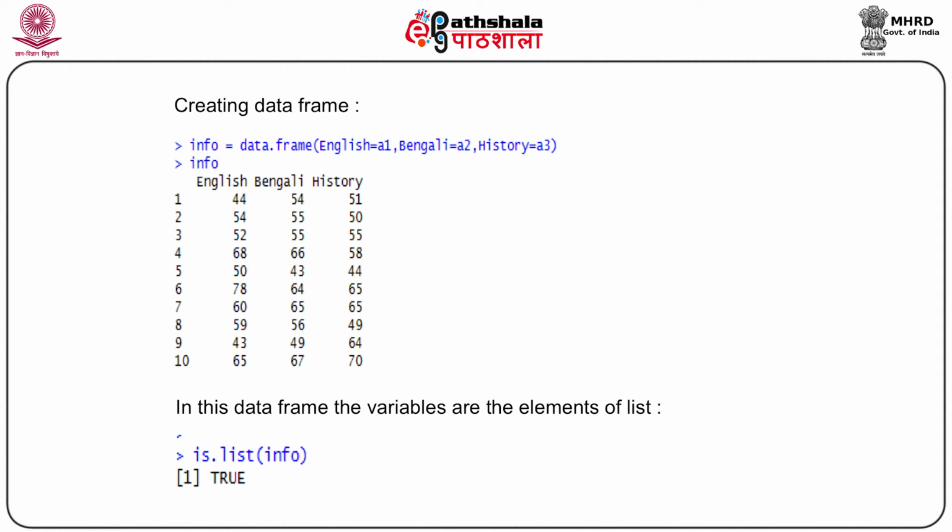In this data frame, the variables are the elements of a list. Recall that we have already told you in some of the previous modules that the variables of data frames are the elements in the list. Now, if we type is.list(info), then R will give us the message TRUE.